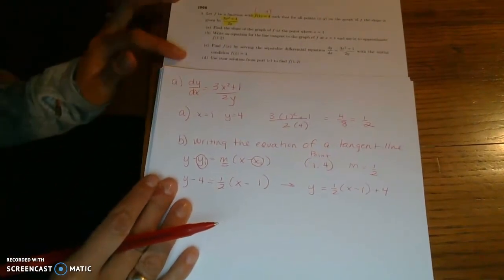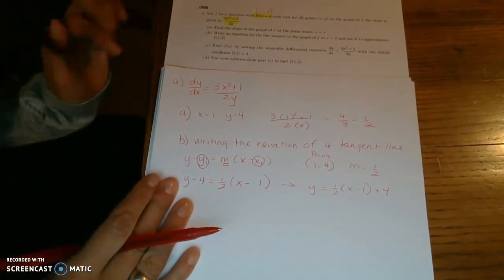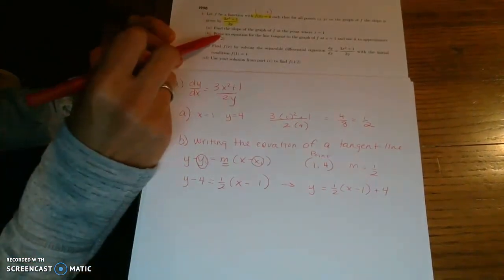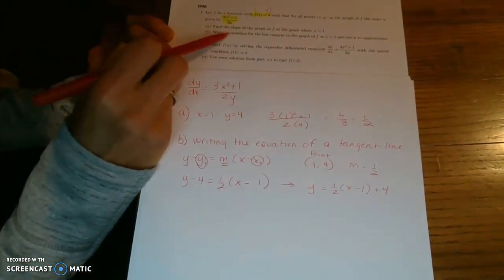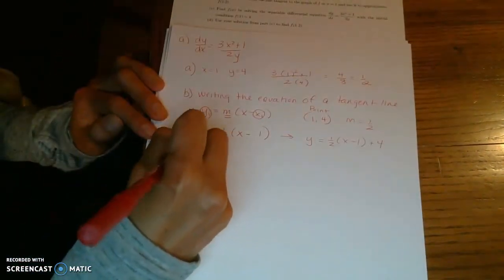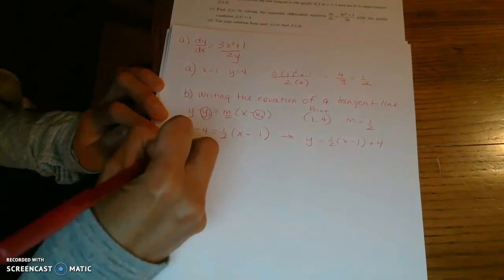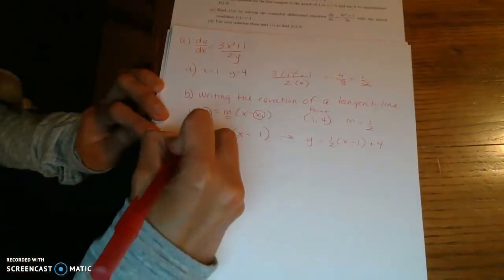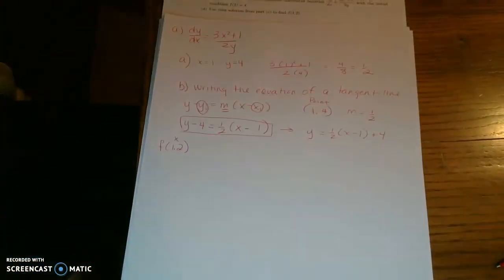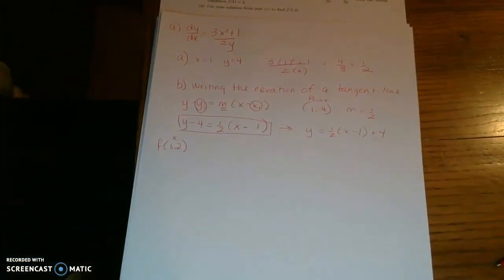I know the question is probably hard for you to read, so you should hopefully have that printed out. It's asking you to write the equation of the tangent line and use it to approximate f of 1.2. Well, we know this is the x value, so they're basically telling me to take this equation and plug in 1.2 for x.